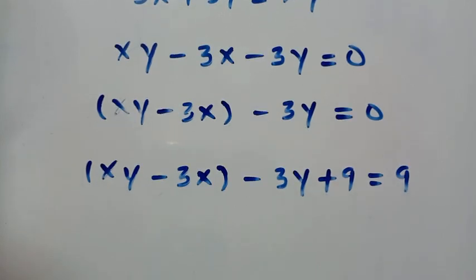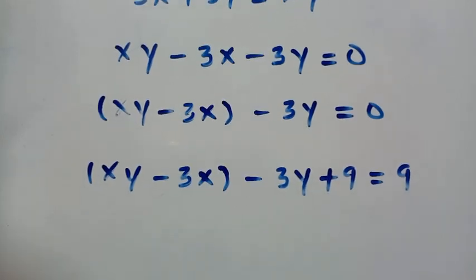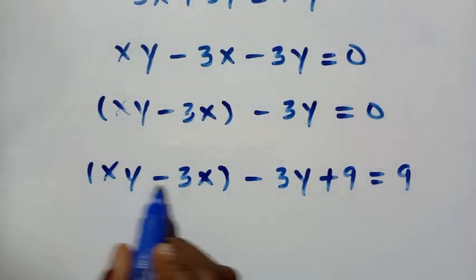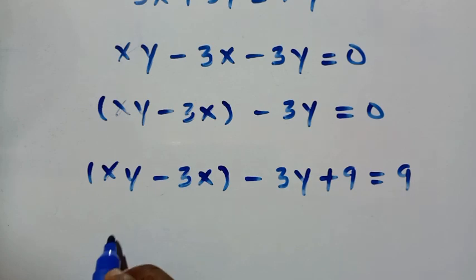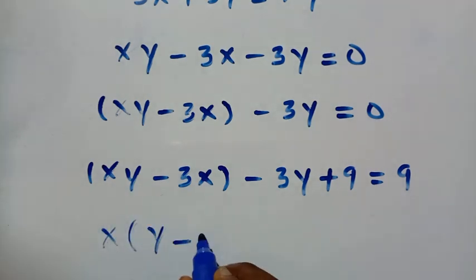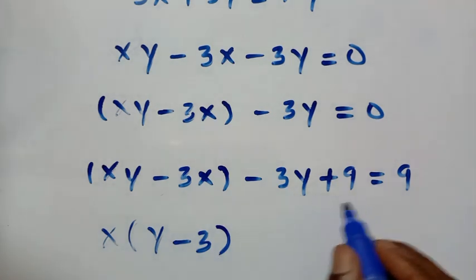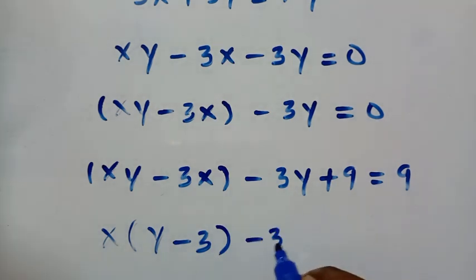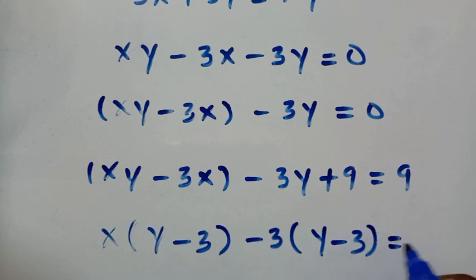I added 9 because I wanted to factorize this. Here what is common is x. We factor out x, and in the parentheses we are left with y minus 3. And also to this, by taking out minus 3, we are left with y minus 3 equals 9.